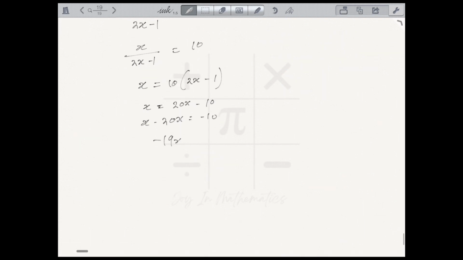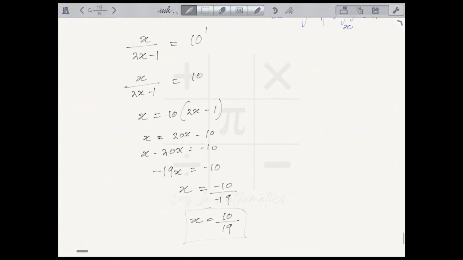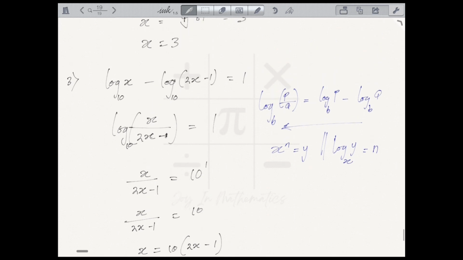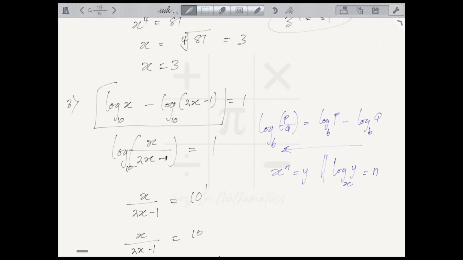So this will be minus 19x is equals to minus 10. Therefore, x will be equals to minus 10 divided by minus 19, and this will give us 10 divided by 19. Now, if we put 10 divided by 19 back into the equation, you can try it on your calculator, we are going to get 1.